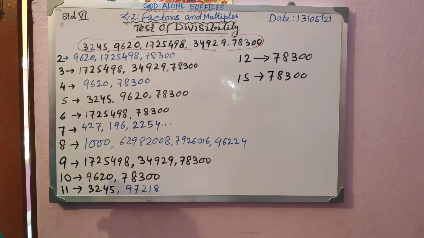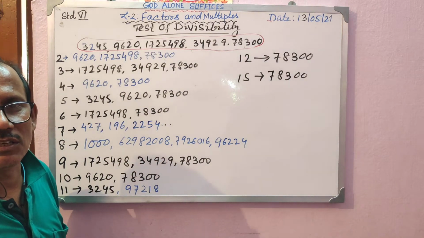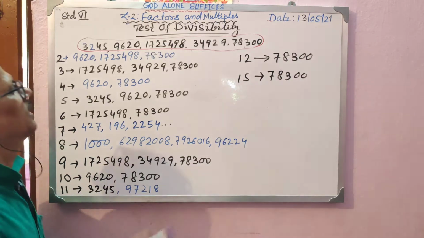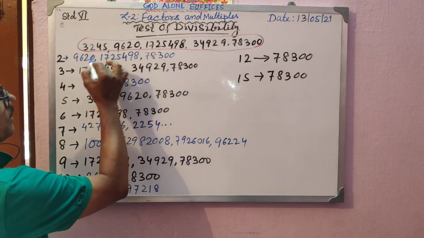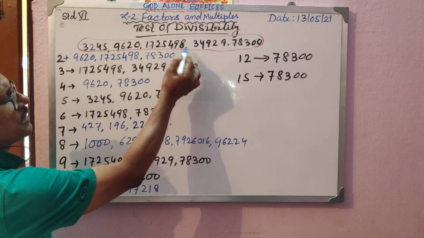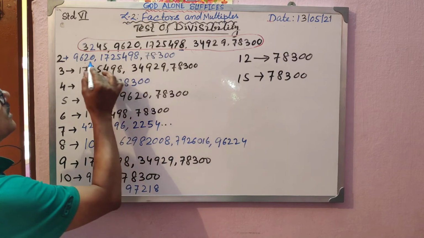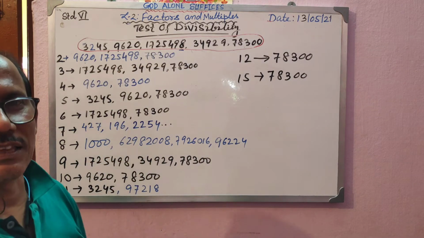See, among these given numbers, the unit digit here is 5, which is not 0, 2, 4, 6 or 8. Here it is 0, so this number is divisible by 2. Here it is 8. I am seeing only the unit digit, not the other digits. So 8 is an even number, no?